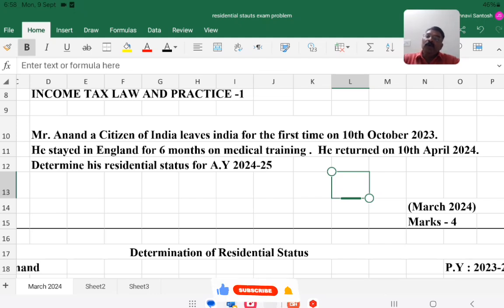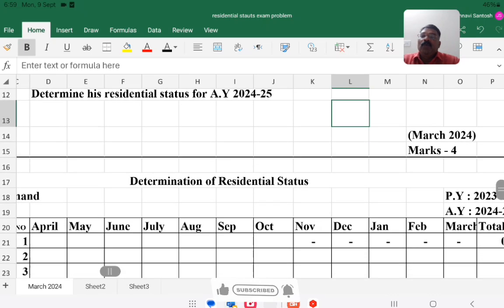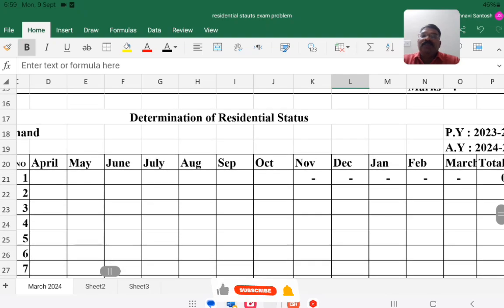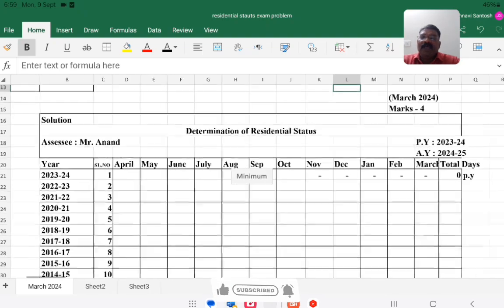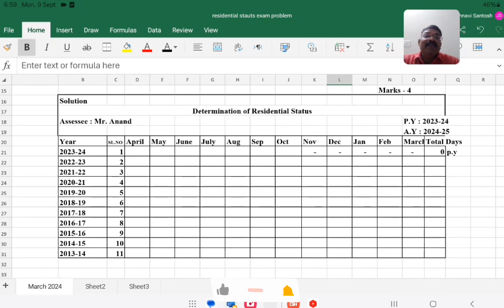Before doing the problem, there are two things we have to remember to make it much easier. I have prepared a chart stating the number of days the individual is in India. Here you can see 2023-24, that is the previous year.